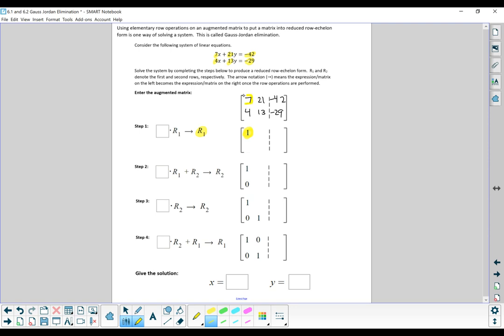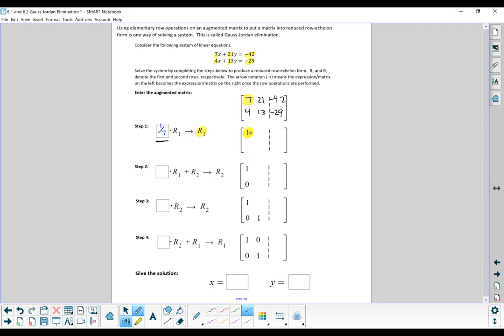Well, that means I need to look at that position in the prior matrix. Right now it has a 7, and I need to multiply by some number so that I get a 1 there. So that number that I need to multiply is 1/7. Maybe you were thinking divide by 7, but that's the same as multiplying by 1/7. So we're going to do 1/7 times row 1, and we're changing row 1.